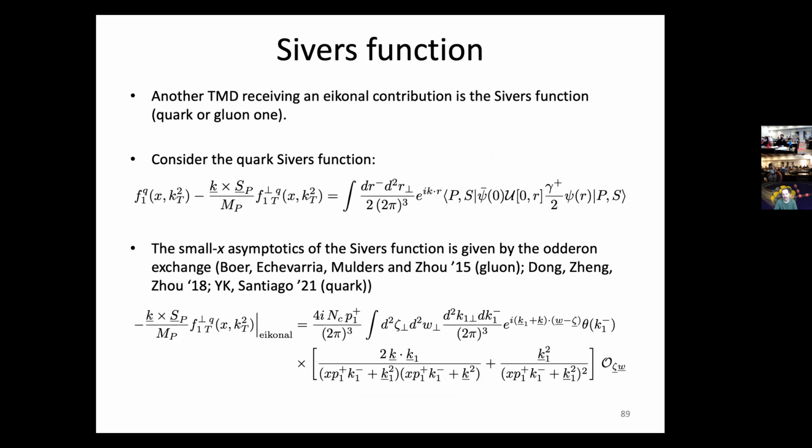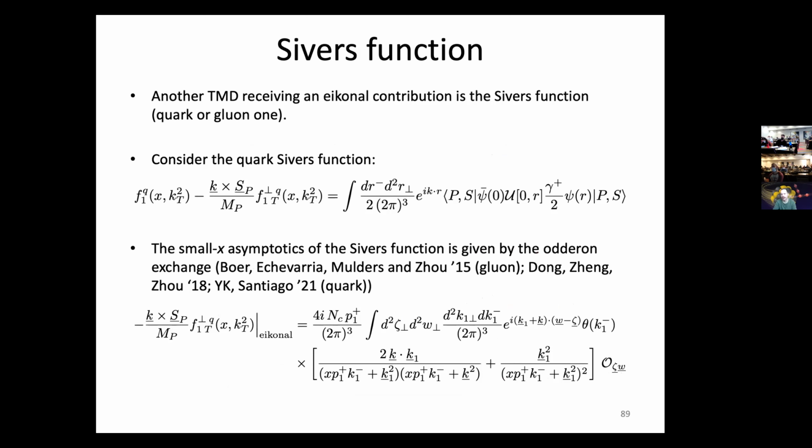One can also tackle it in the small x regime, and as was shown by these authors here, Boer and collaborators and Jian Zhou and collaborators, one can relate the Sivers function f1T perp at small x to the odderon, and these people coined the term spin-dependent odderon.